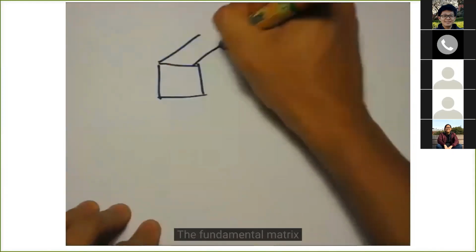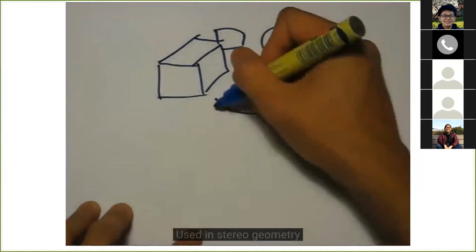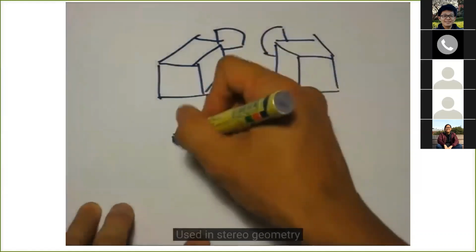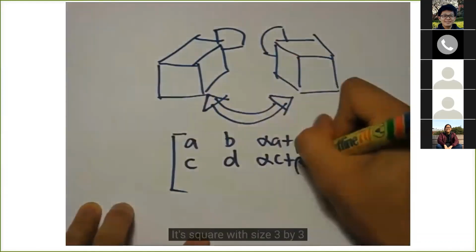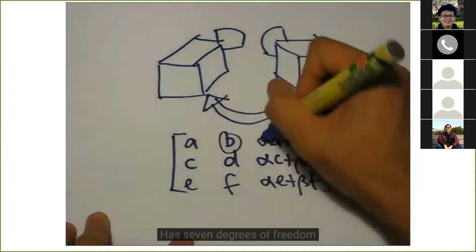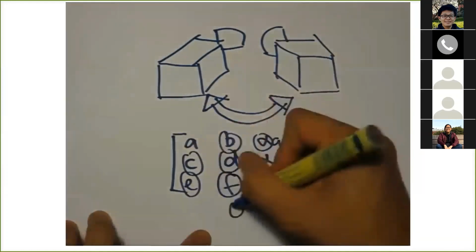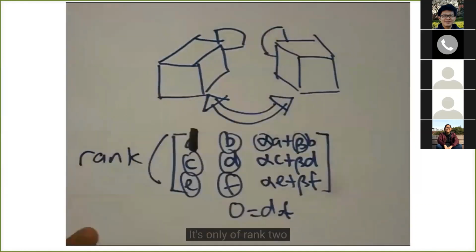The fundamental matrix used in stereo geometry. A matrix with 9 entries. It's square with size 3 by 3. Has 7 degrees of freedom. It has a rank deficiency. It's only of rank 2.